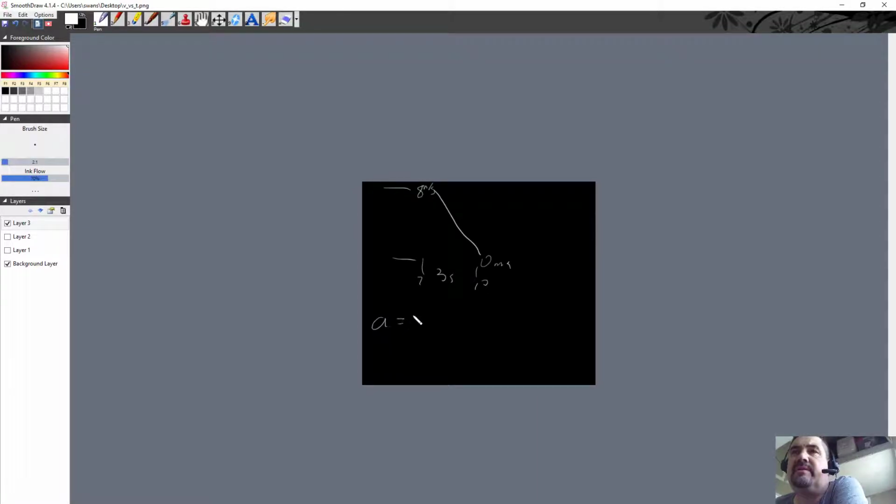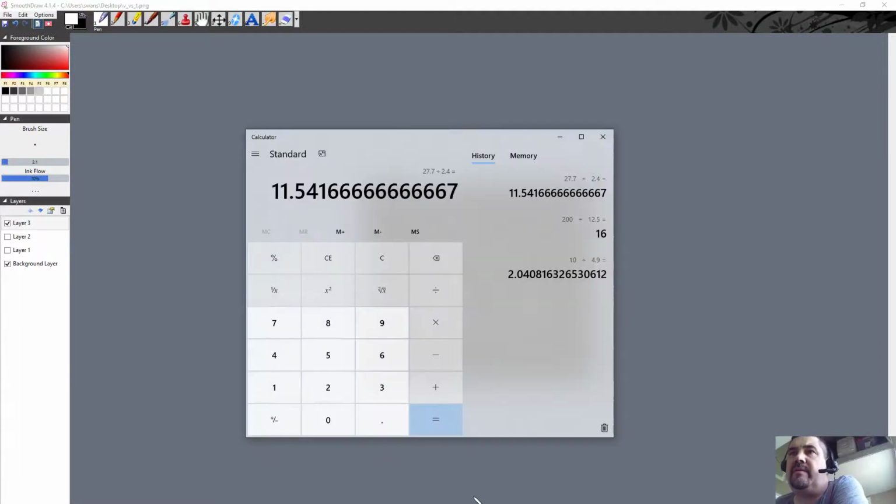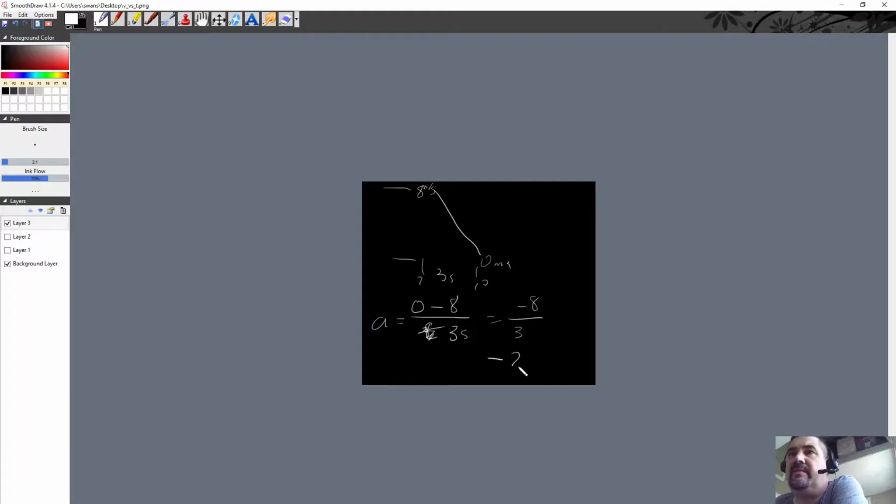Acceleration is equal to final velocity 0 minus initial velocity 8 divided by time, 3 seconds, right? And then that's negative 8 on top. Negative 8 divided by 3. And that's our answer, 8 thirds, but if you want to know the decimal, 8 divided by 3 is equal to 2.66. So negative 2.67 rounded, I guess, meters per second squared.